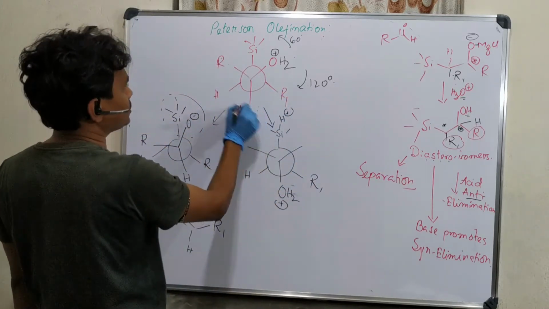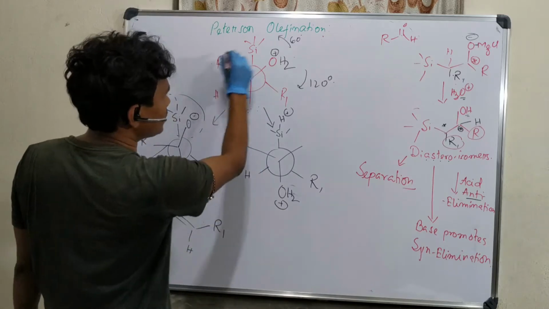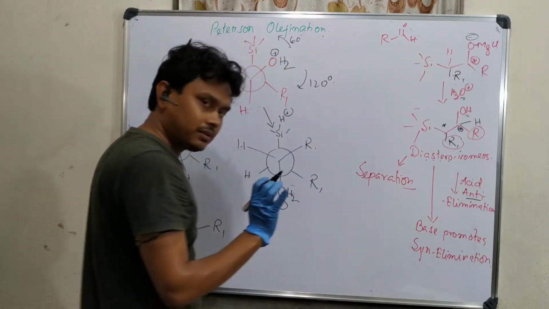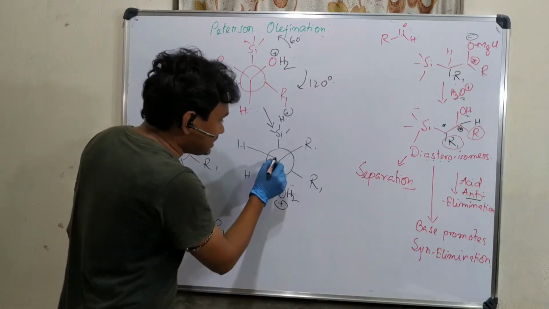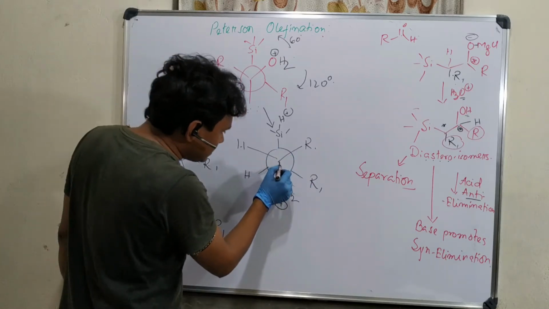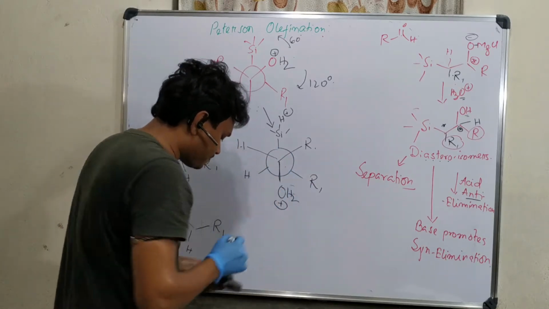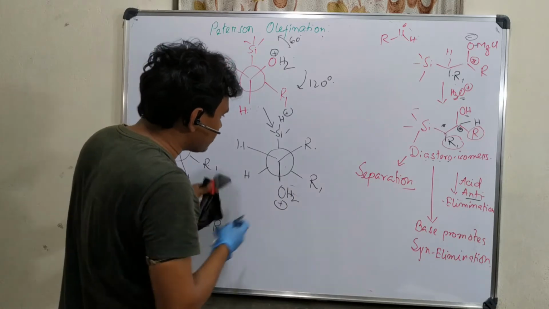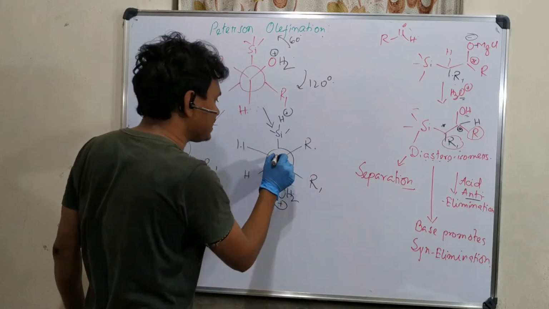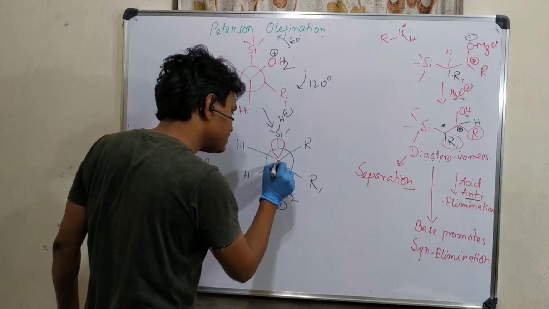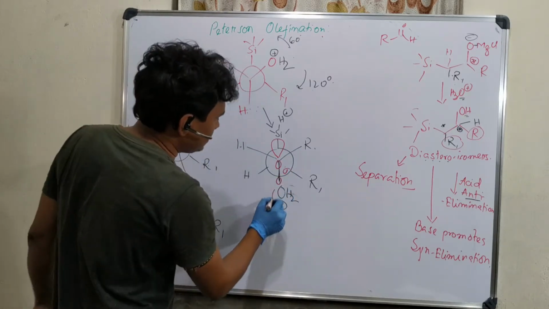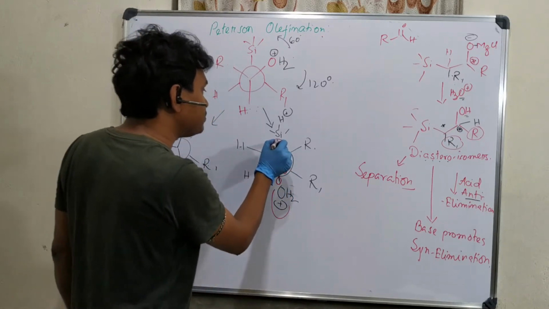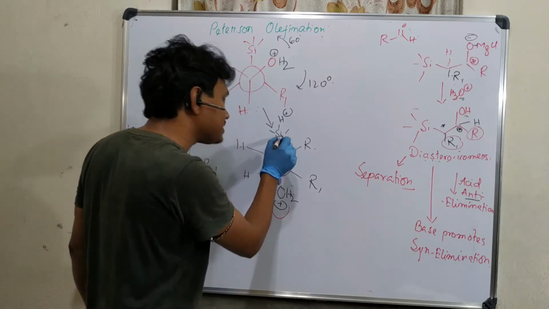Hydrogen should go here and R should come here. This is the sigma orbital and the sigma star is here.